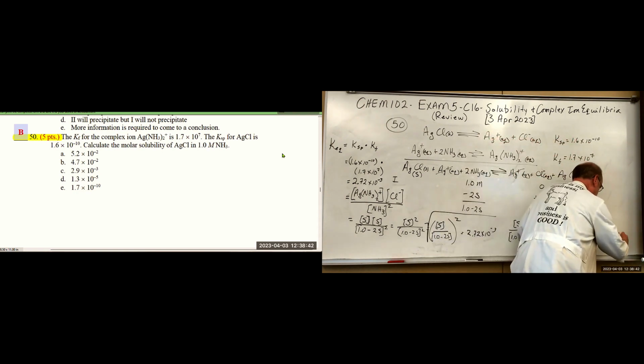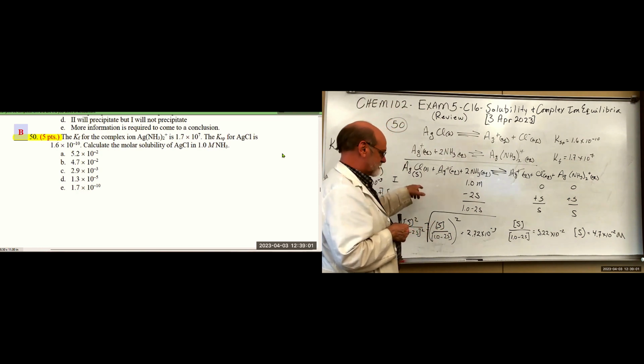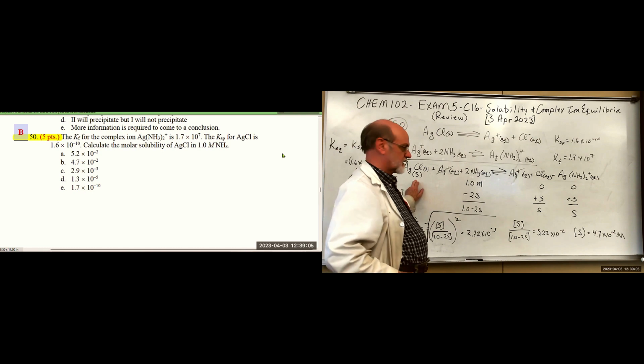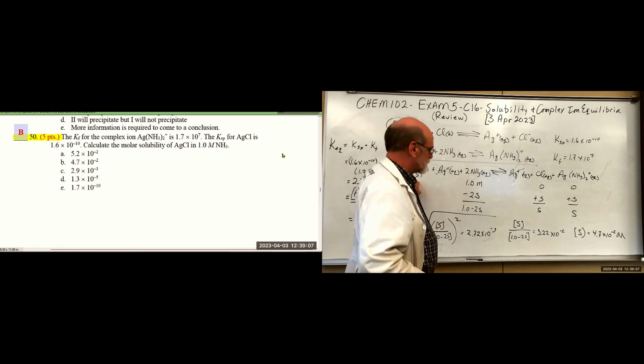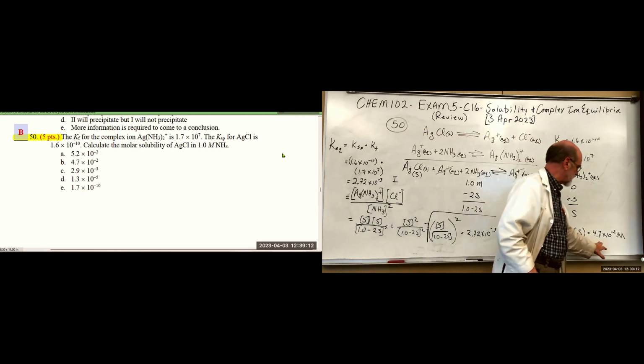Molar. That will give you the solubility of silver chloride. The solubility of silver chloride in 1 molar ammonia is 4.7 times 10 to the minus 2.